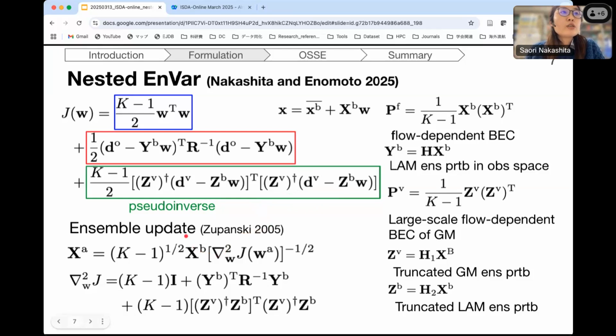Then the ensemble is updated using the information of the Hessian of the cost function at the solution of minimization, w_a, following Bishop 2005. So the analysis ensemble is also affected by the large-scale information.